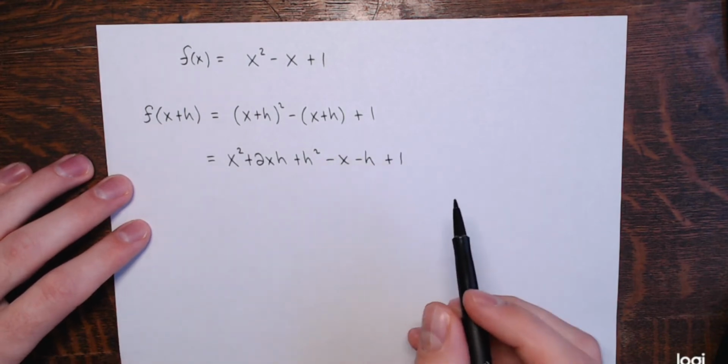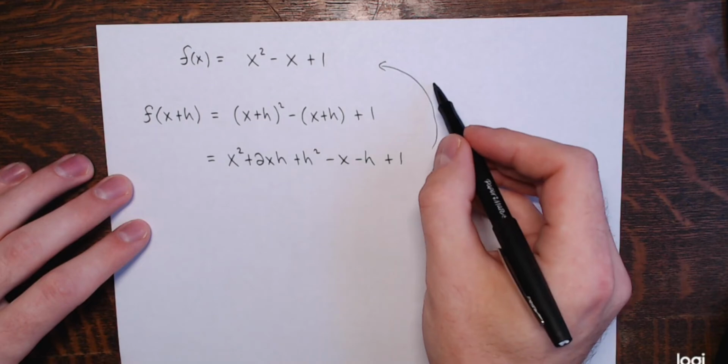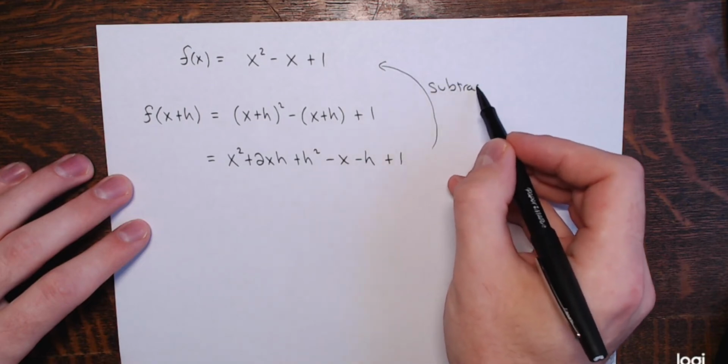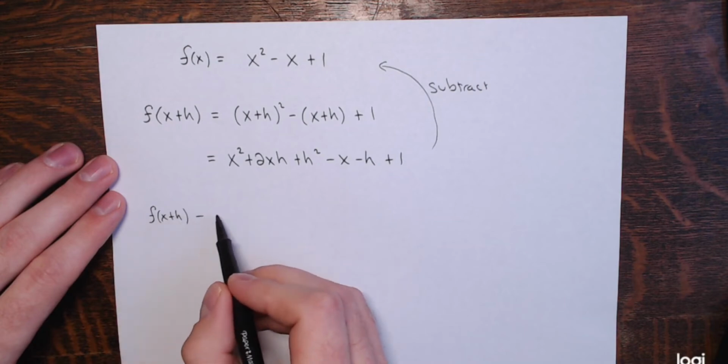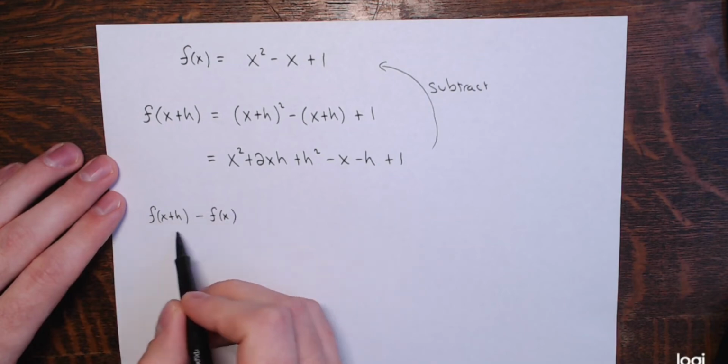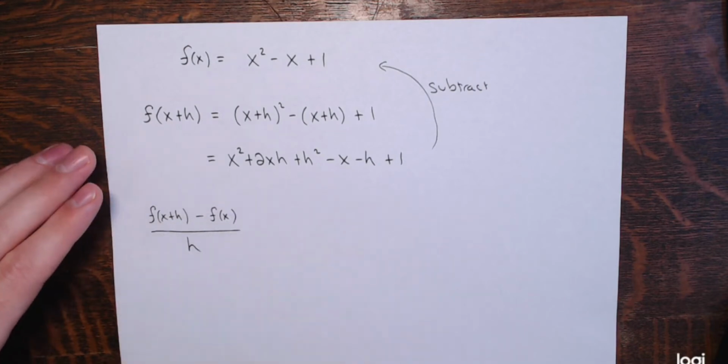And then we're going to subtract these. I'm taking f of x plus h minus every term from f of x, and then this is getting divided by h. This is the difference quotient.